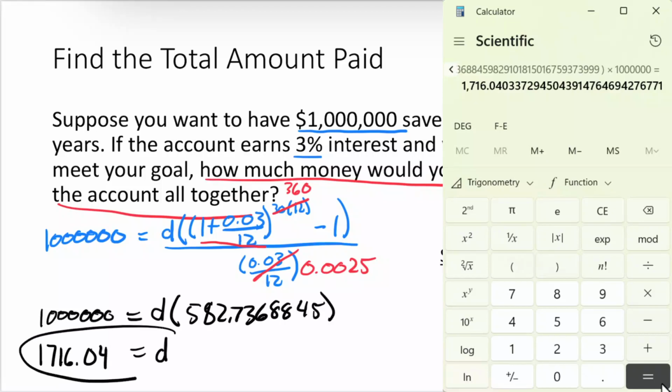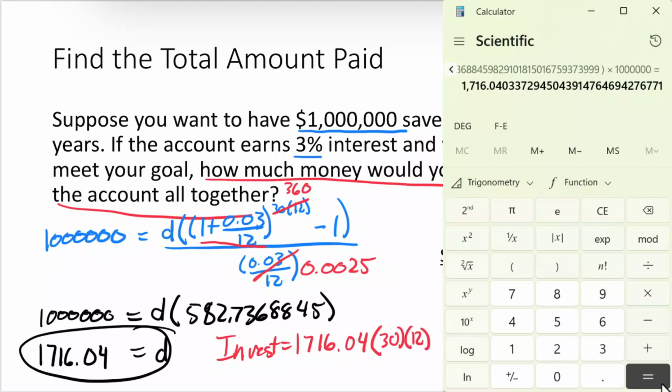And so this is my deposit, but it's not the question they asked, because they asked how much money we will end up paying into the account altogether. So to figure out how much I invest into the account, I'm going to take my deposit of $1,716.04 and multiply that by the number of months that I invested that. So I invested it for 30 years, and each year has 12 months.